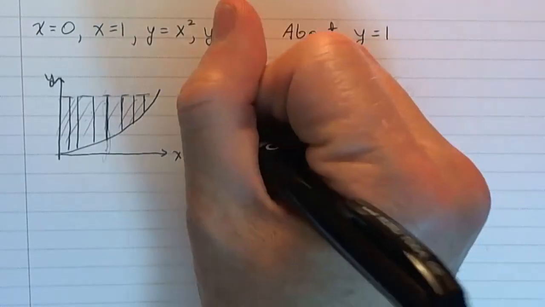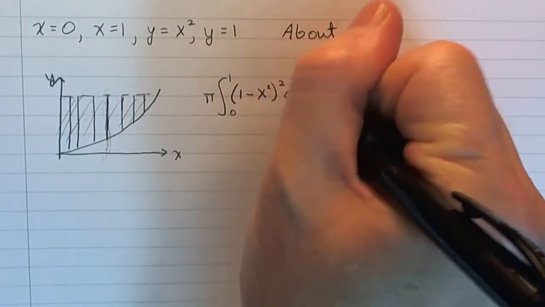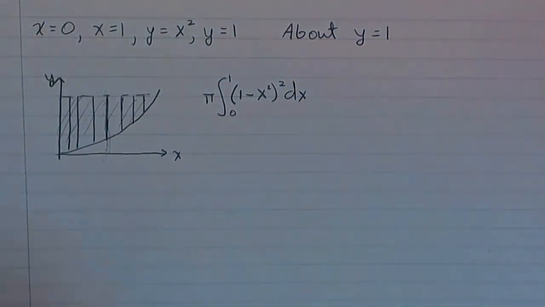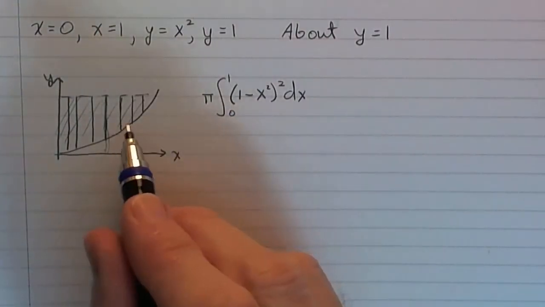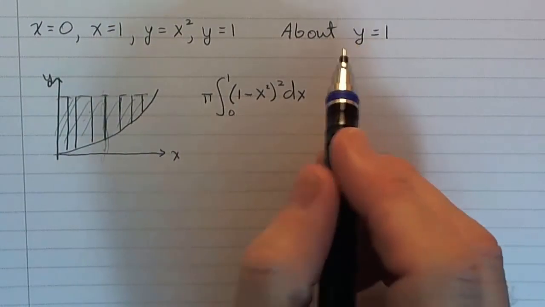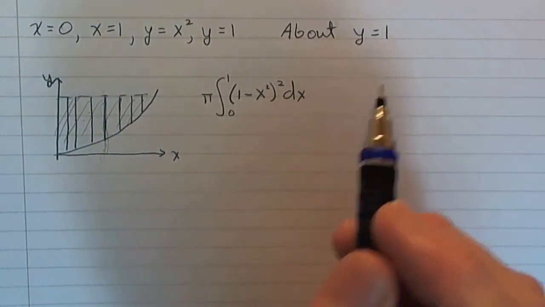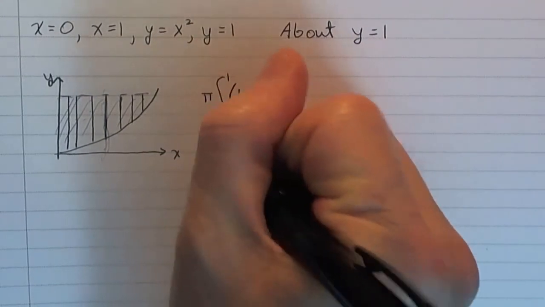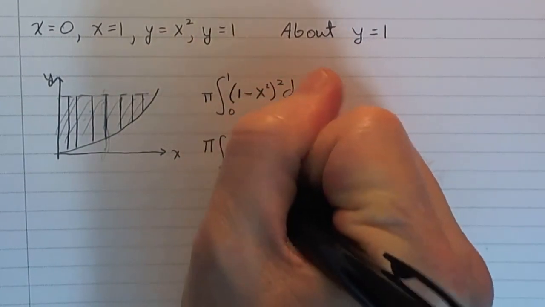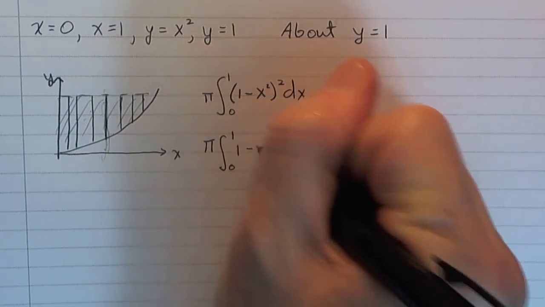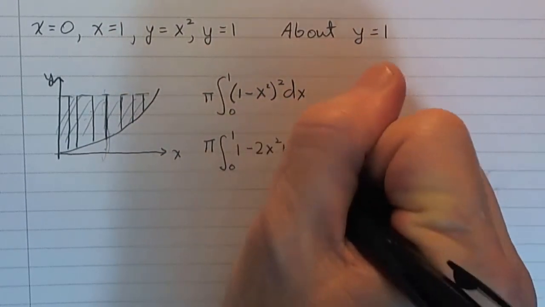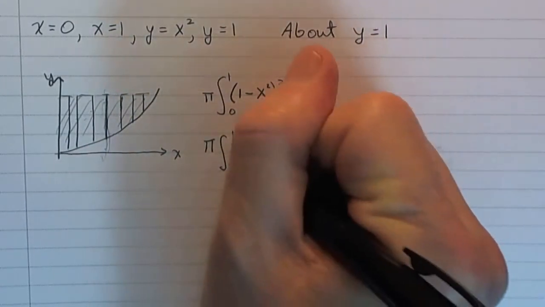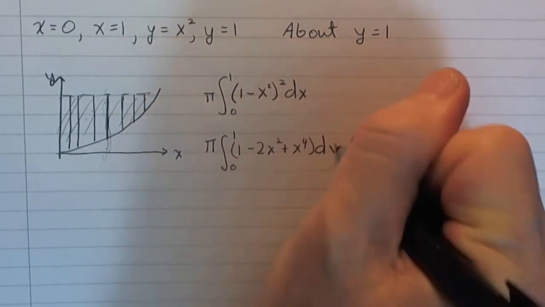So this is pi r squared, like that. So this is that solid. This is how we would rotate or revolve around the line y equals 1. So let's see what we got here. We've got 0 to 1, 1 minus 2x squared plus x to the fourth dx.